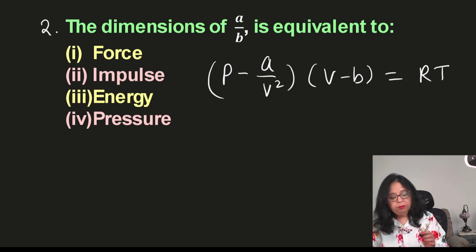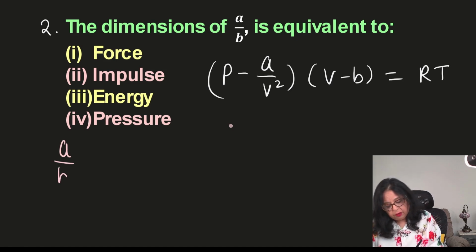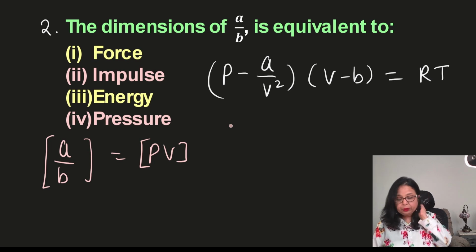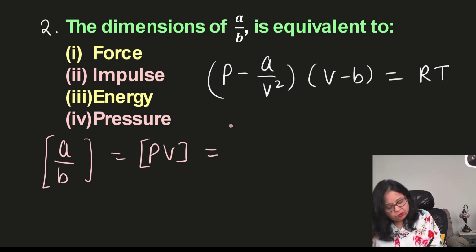In problem number 1, we evaluated the dimensions of the ratio A over B to be P times V. In this problem, we're asked to find which of the following the dimensions of A over B is equivalent to: force, impulse, energy, or pressure. So let's go ahead and solve for this.